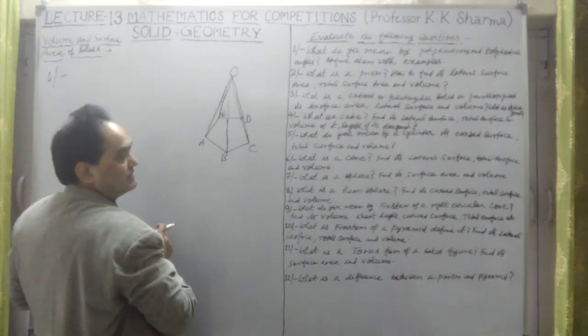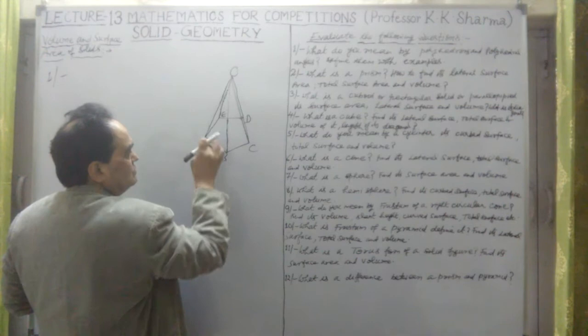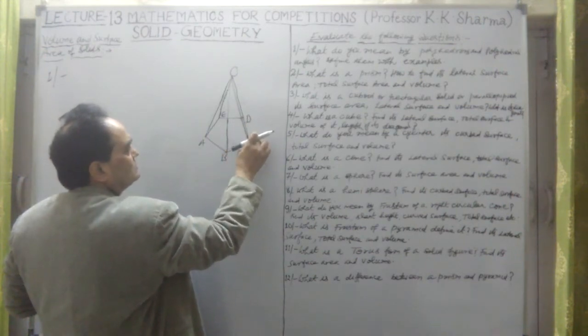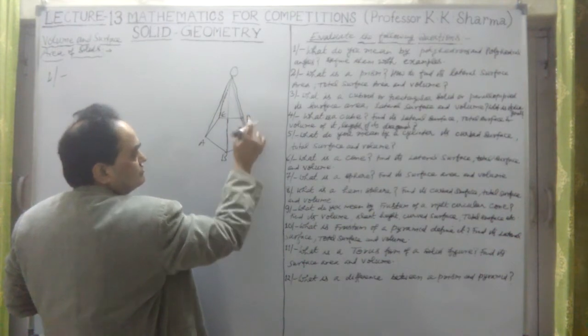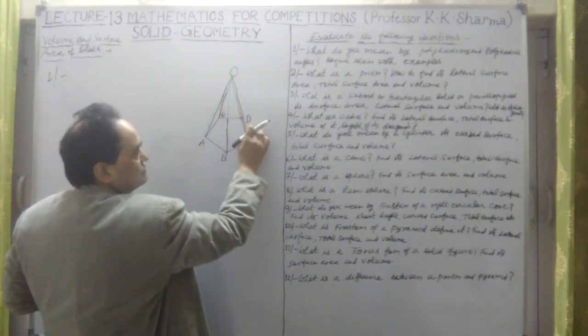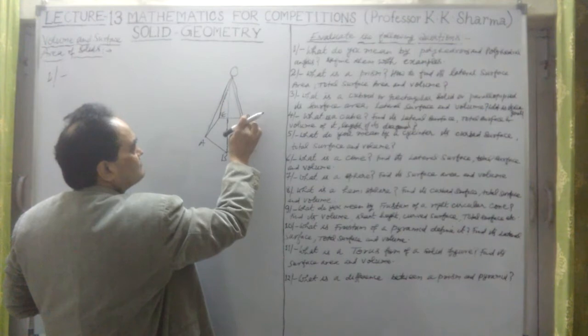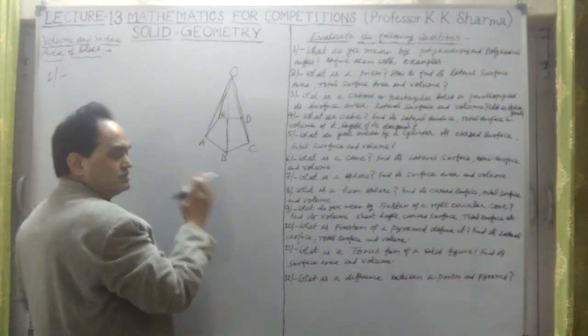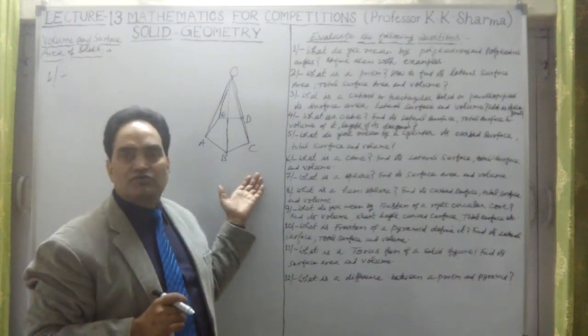How many triangles are there in this case? OAB, one triangle, second triangle OBC, and then third triangle. COD also is there. This is the fourth triangle, and the fifth one is DOE. So in case of this one, this is known as a polyhedron.